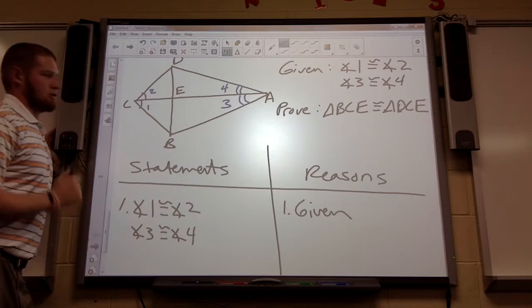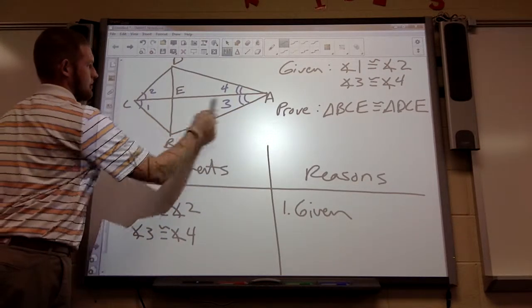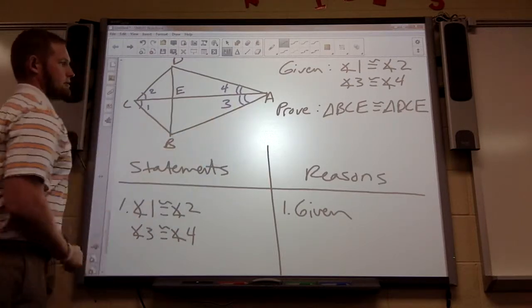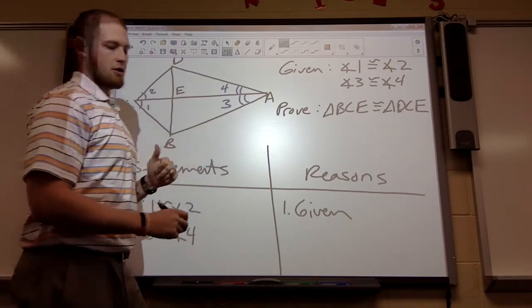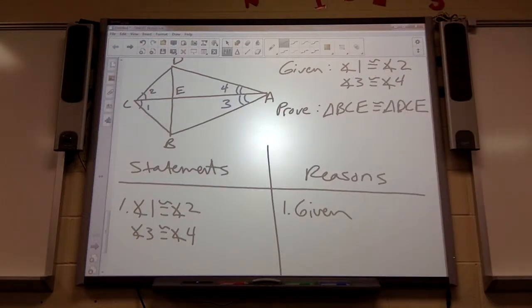Do I have enough information to prove these big triangles are congruent? When you know the answer to that question, raise your hand. With that given information, two angles congruent to each other, can I prove that my two large triangles are congruent to each other? If you don't know the answer, you need to be talking with your neighbor.